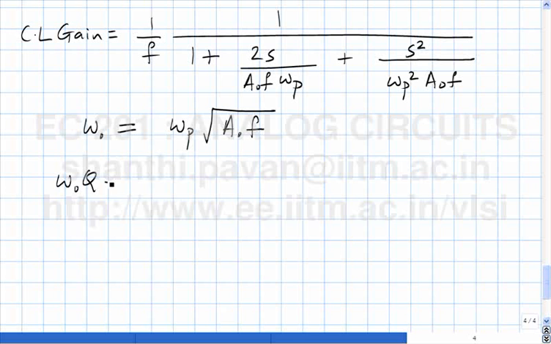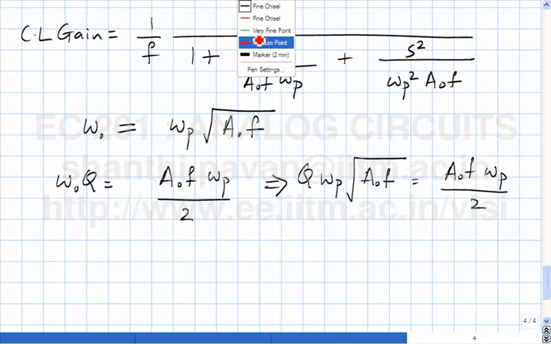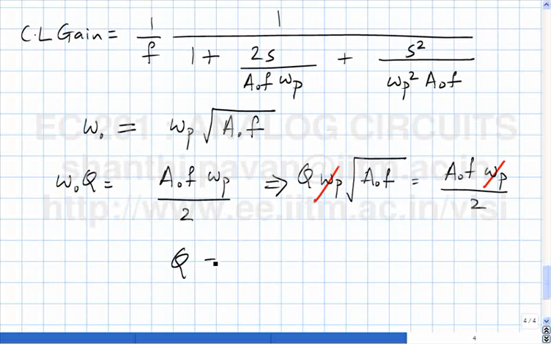Omega naught times Q is A naught f omega p by 2, which implies omega p times square root of A naught f times Q is A naught f omega p by 2, which means this goes away. Q is simply square root of A naught f divided by 2.